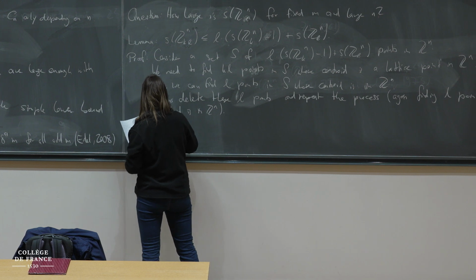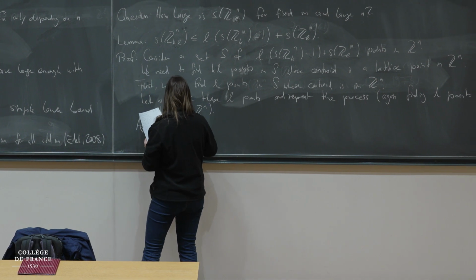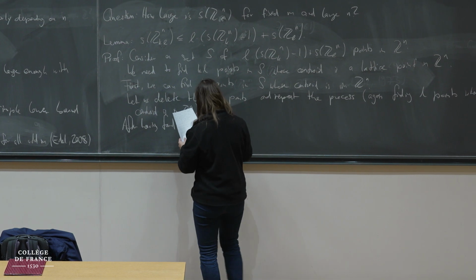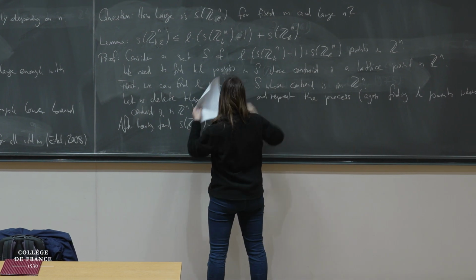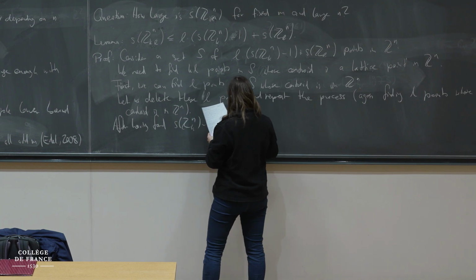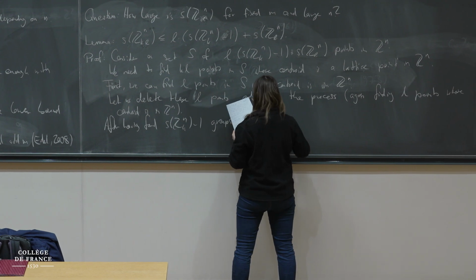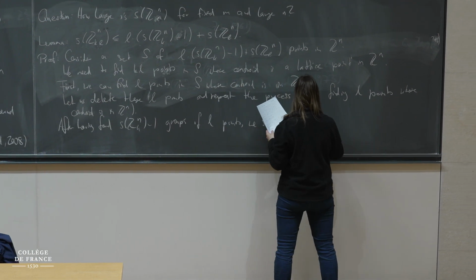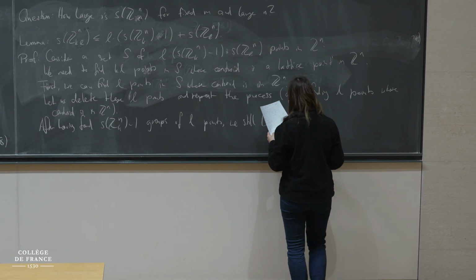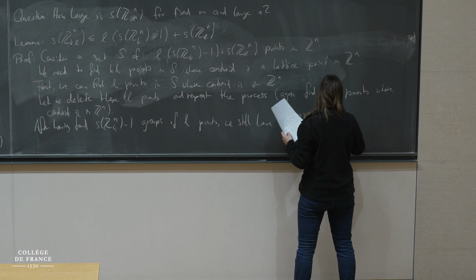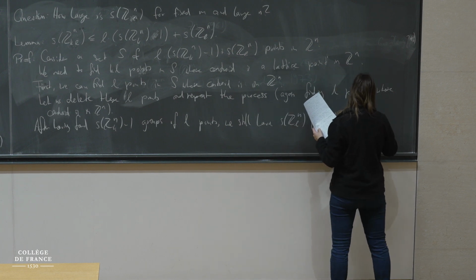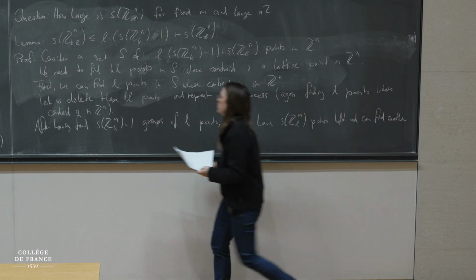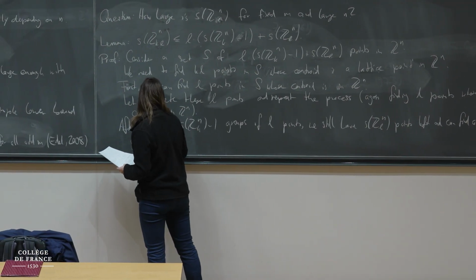So after having found S of Z to the this minus 1 groups of L points, so this factor here, we still have S of ZL to the n points left, and can find another group of L points.